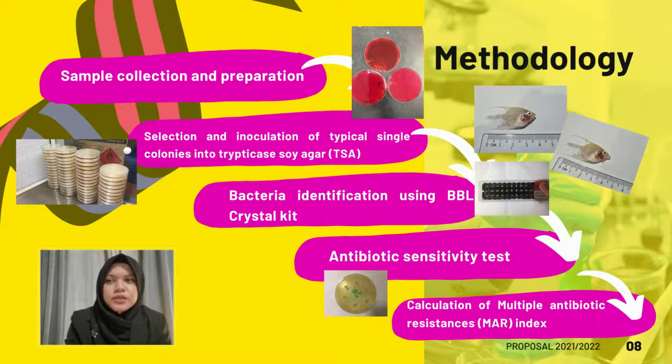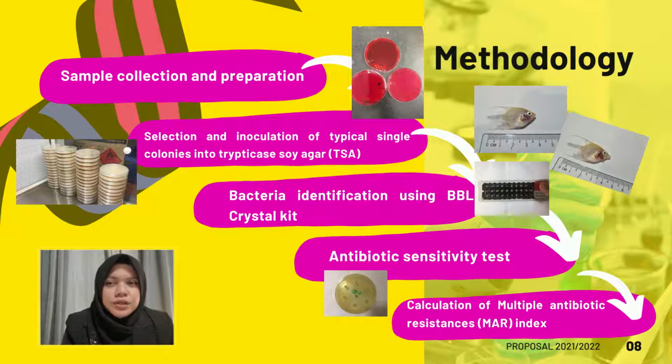Next, the methodology. Sample collection and preparation was done by purchasing 30 pieces of diseased angelfish from available aquarium shops in Kelantan. Then the diseased angelfish were dissected along the abdomen and gently scraped on the abdomen, eye, gill, kidney, and skin.